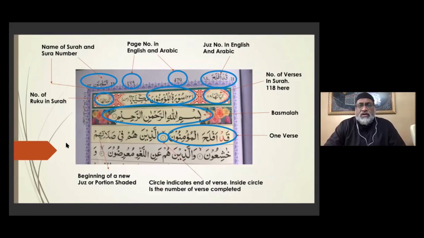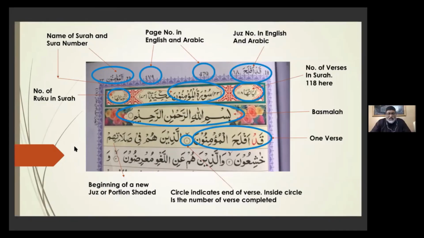So if you look at the Qad aflahal mu'minun alladhina hum fi salatihim, it's shaded yellow. And the line after that is not shaded. It's just regular lines. So the reason why they put that in yellow is to let us know we're about to begin a new juz of the Quran.